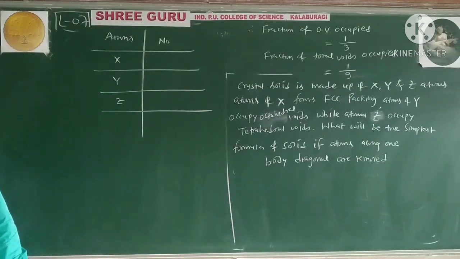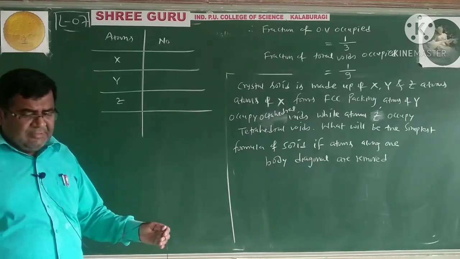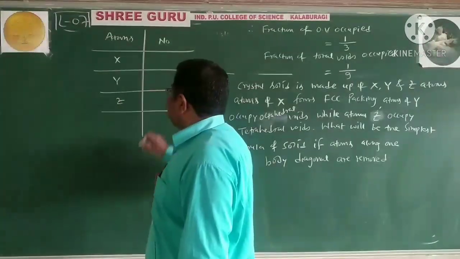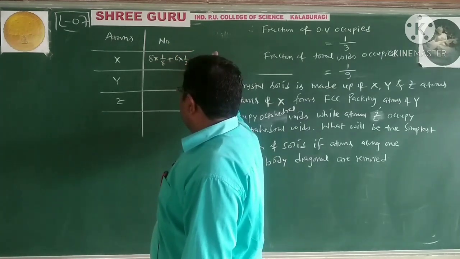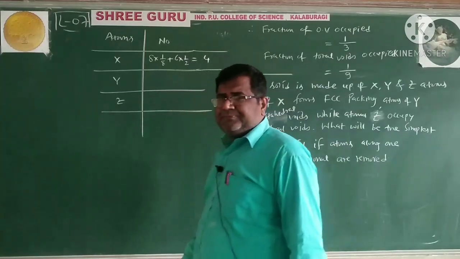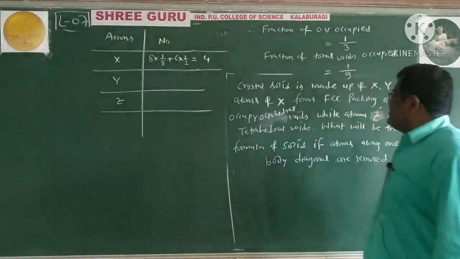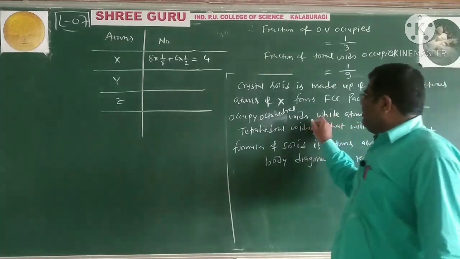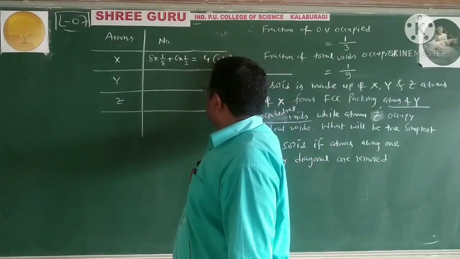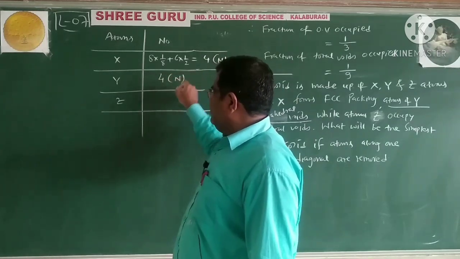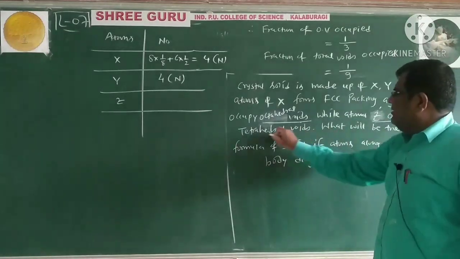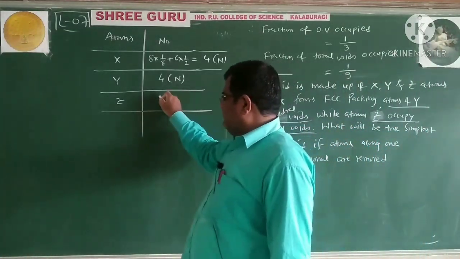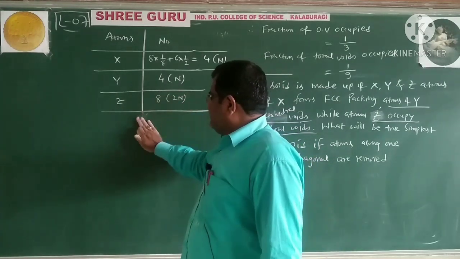X is occupying FCC. That's why we can say that the number of atoms in FCC is 8 into 1 by 8, 6 into 1 by 2. We know it is 4. How much is Y? Y occupies octahedral holes. That is also equal to the same number. And Z occupies tetrahedral holes. So it is 2N.